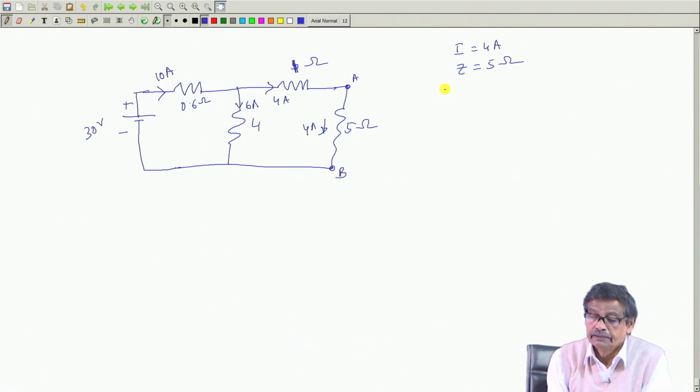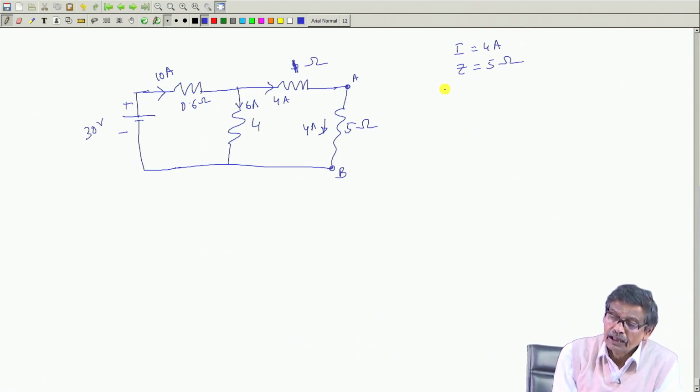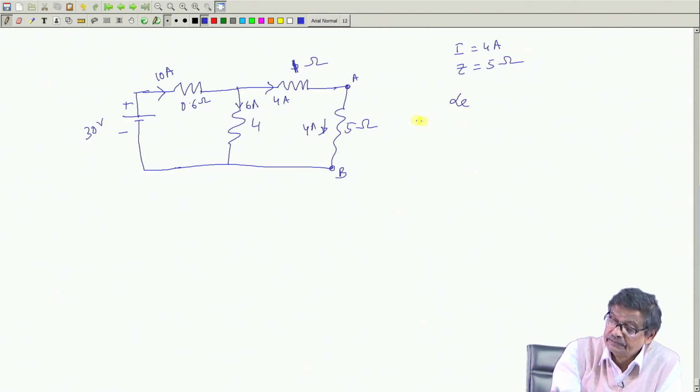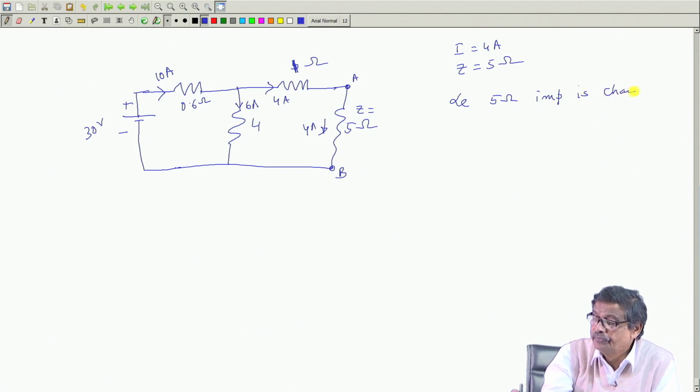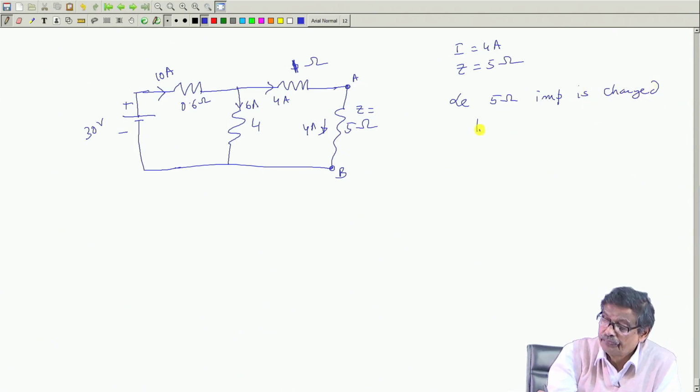Now, I say that this Z has been increased, so Z was 5 ohm, and this 5 ohm impedance is changed to 8 ohm.